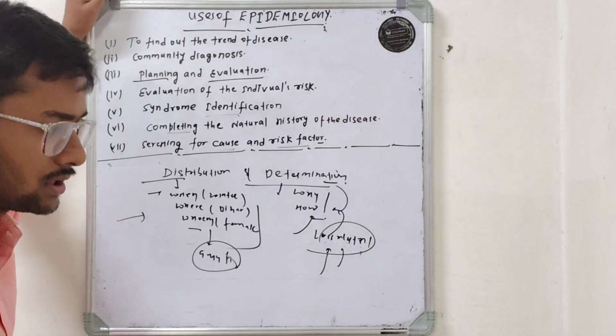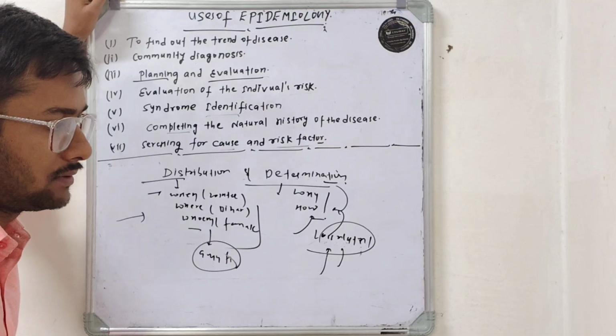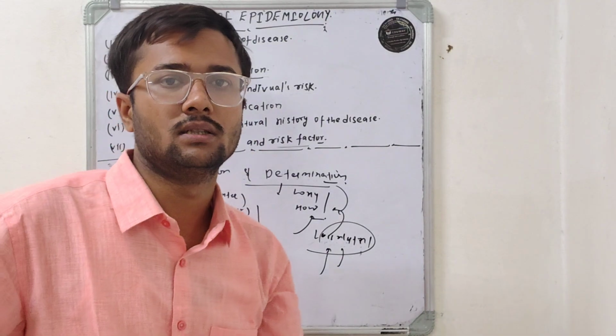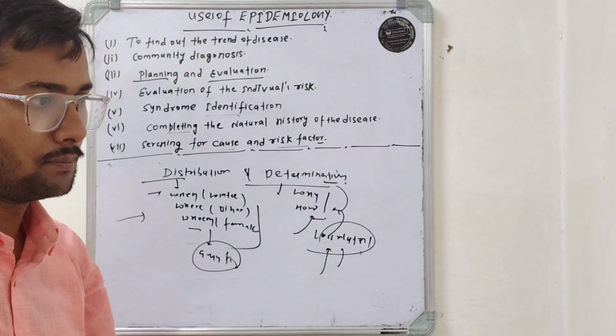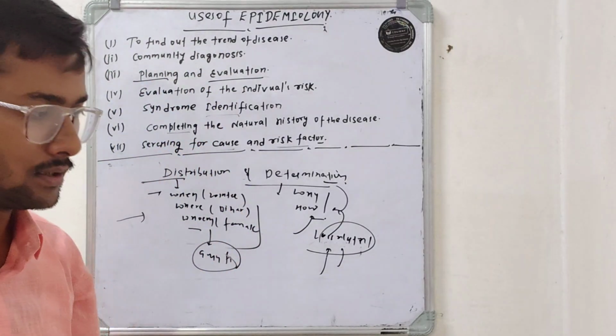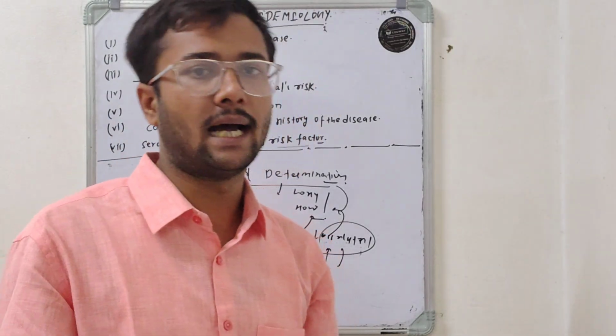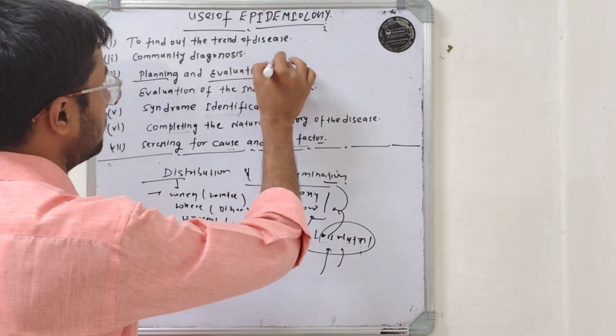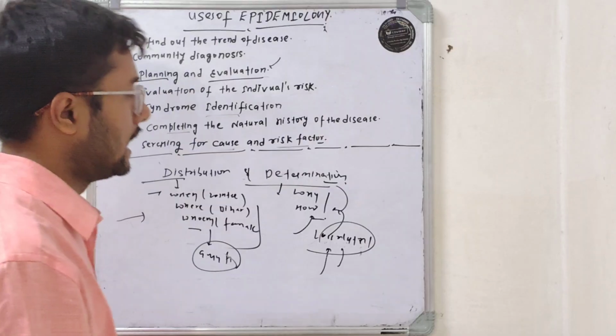Evaluation of disease means we find the total number of cases in that area, so we prepare accordingly and start the health program according to these requirements.